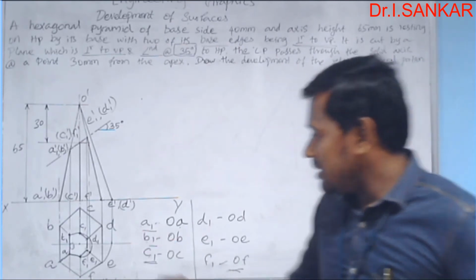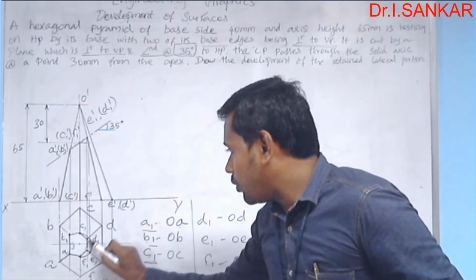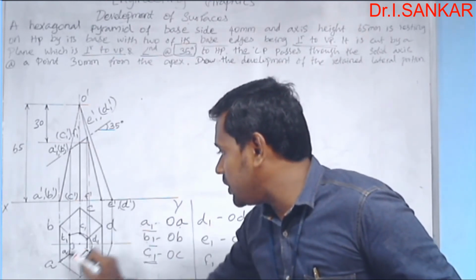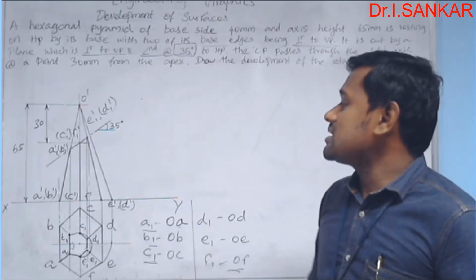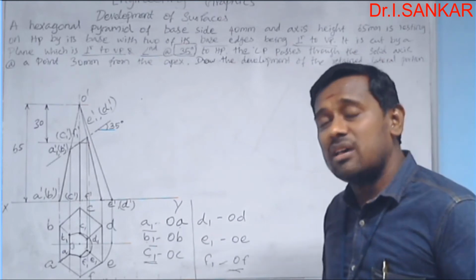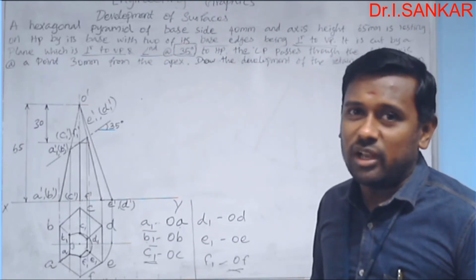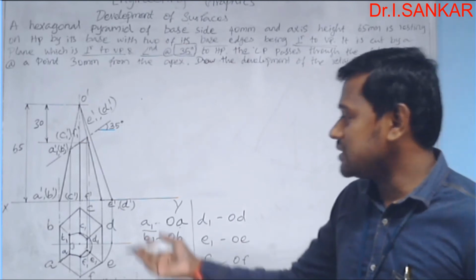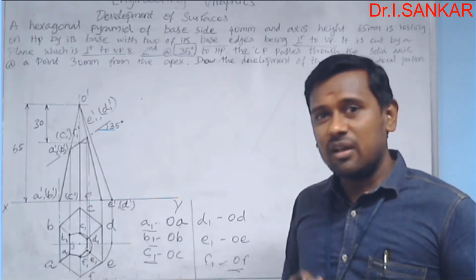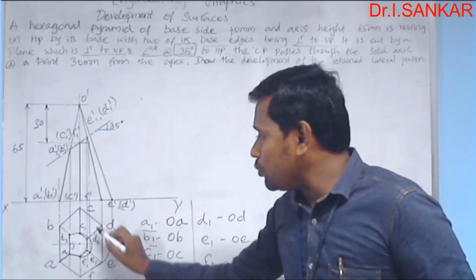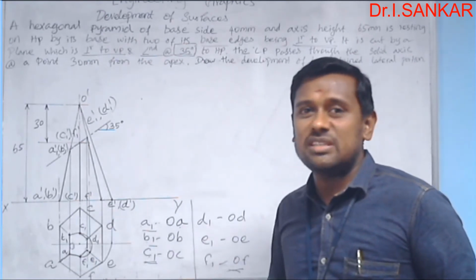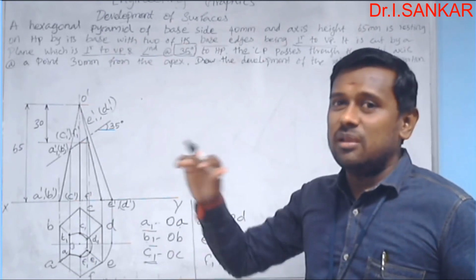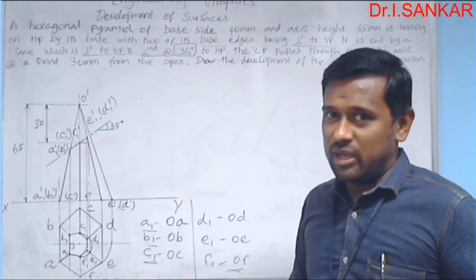See, OE, OD, OC, OB, OA and OF, all these slant edges are not parallel to the XY line, that is, not parallel to the VP, because of the resting condition of the solid. For that, we are making any one base edge artificially parallel to the XY line.